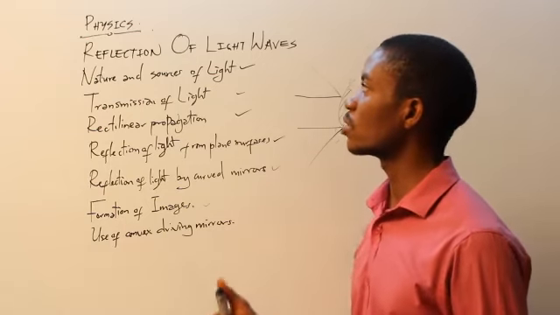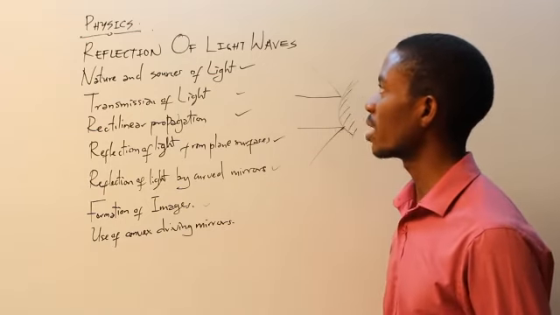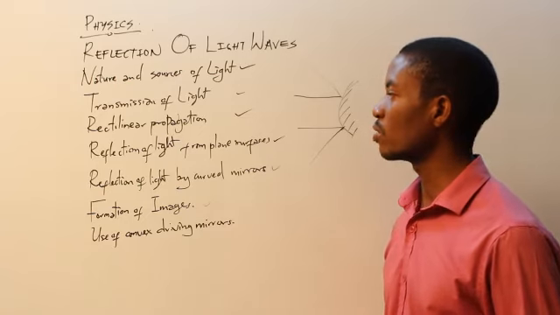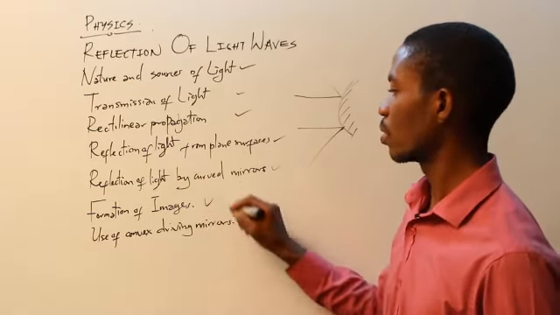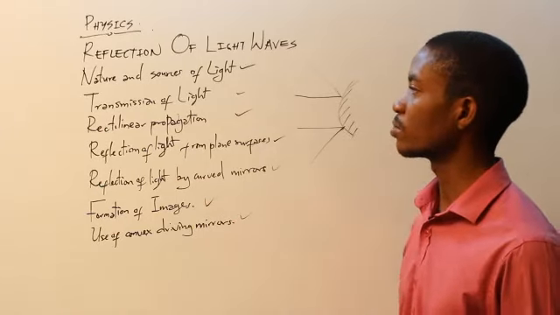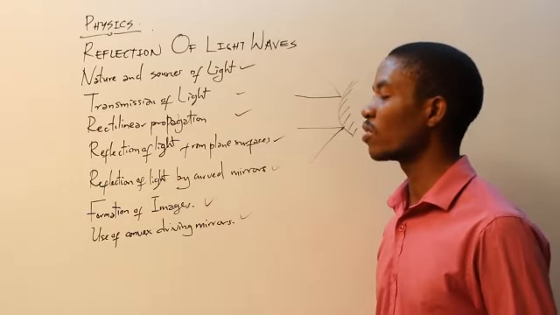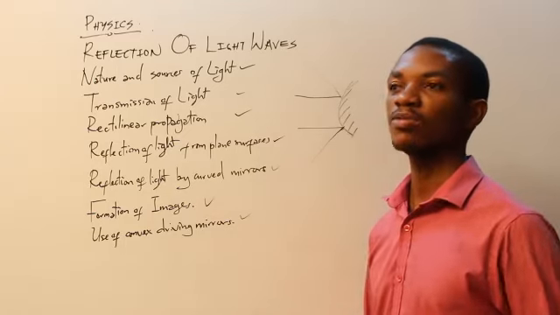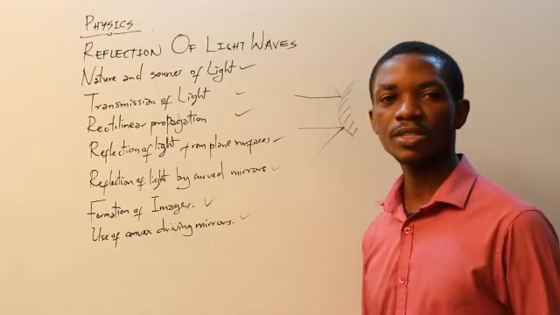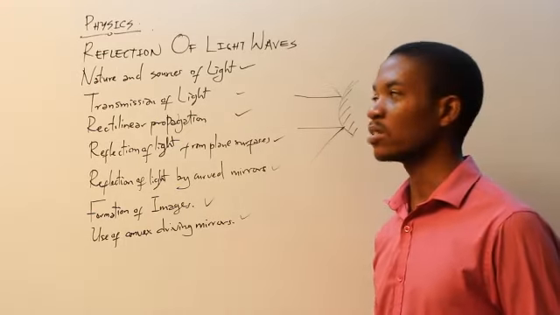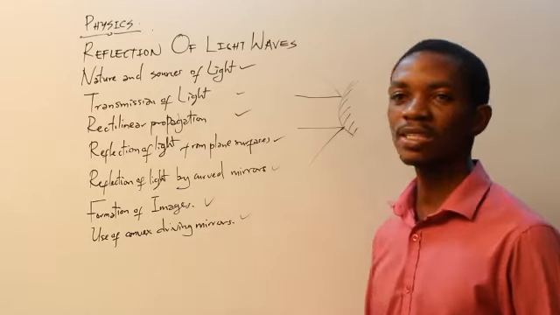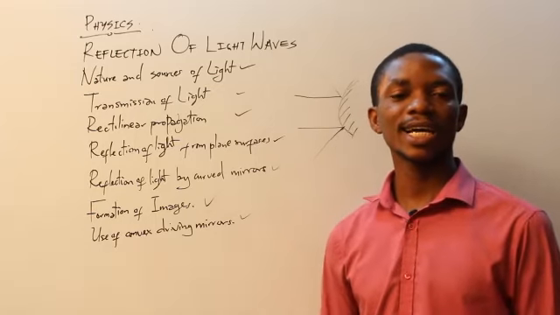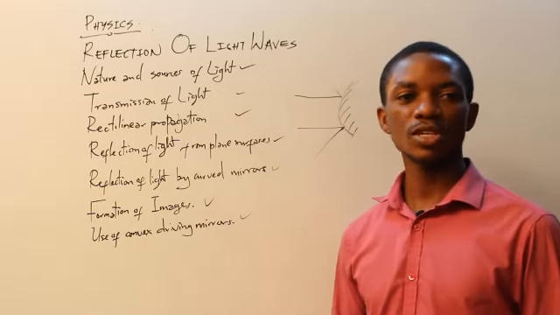In this lesson, we considered reflections of light waves, and we spoke of the nature and sources of light. We spoke of the transmission of light as well, that is, light moves either in convergent rays, parallel rays, or divergent rays. We talked about the rectilinear propagation of light, which suggests that light cannot bend, it moves in straight lines.